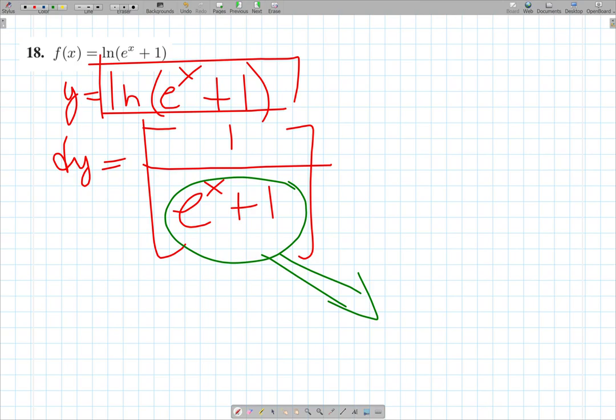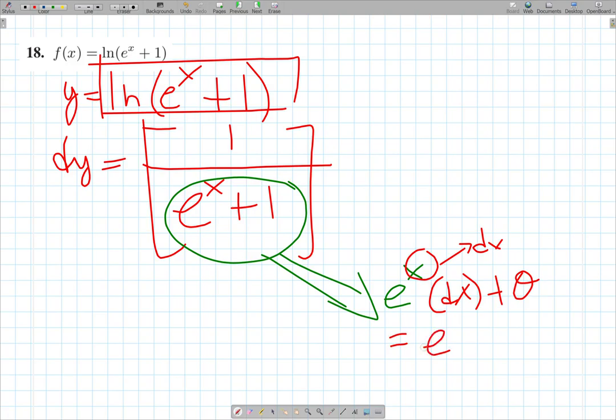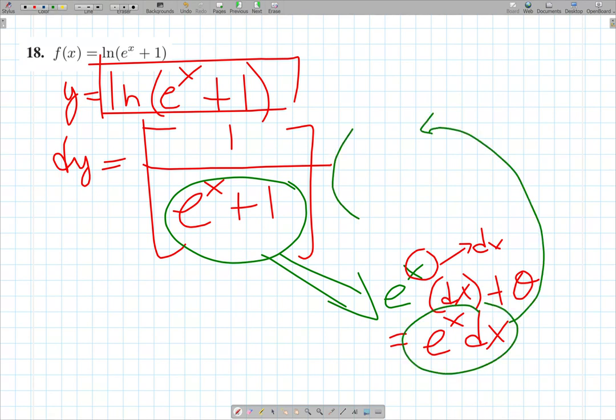When it is e, just copy e^x, and then derive the exponent. The derivative of x is dx, so we multiply by dx. Plus the derivative of 1, which is 0. So that is e^x dx.